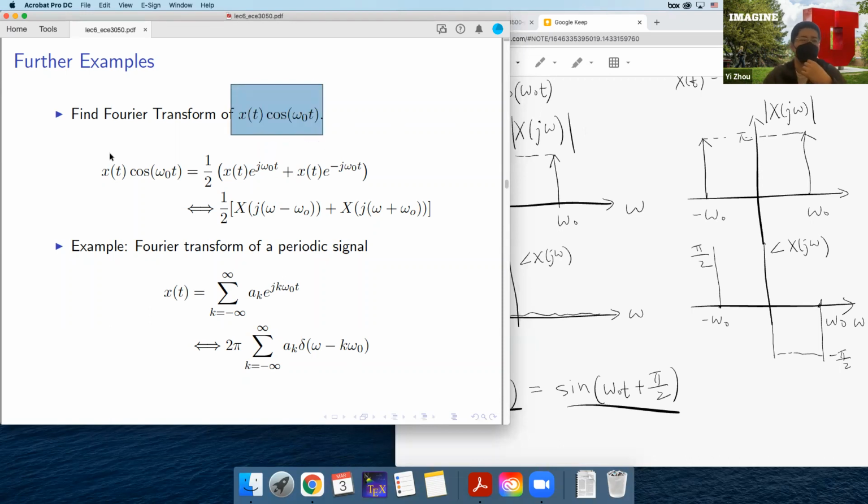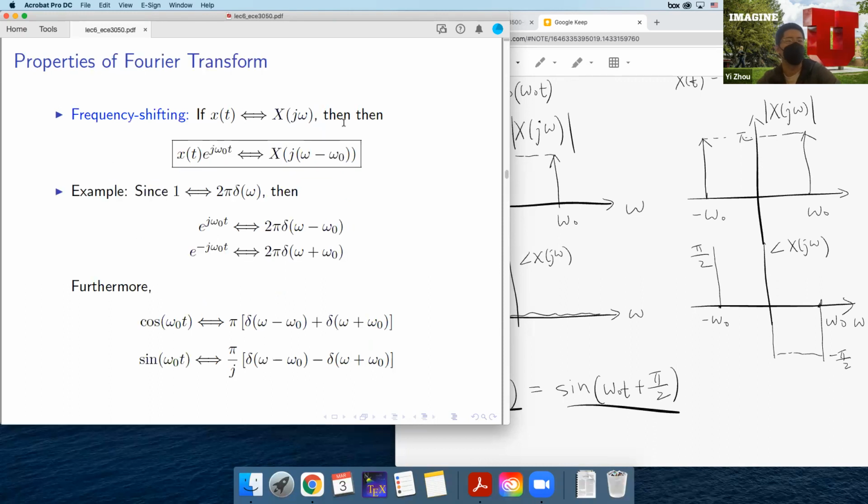Now, first of all, by Euler's formula, we know that cosine omega t can be decomposed into a pair of complex exponentials. So this is Euler's formula. And then if you look at each part, we have a signal x(t) multiplied by a complex exponential. And this is directly linked to the frequency shifting property, right? A signal multiplied by a complex exponential.